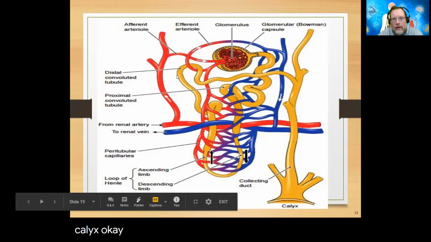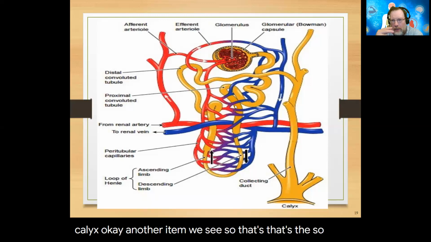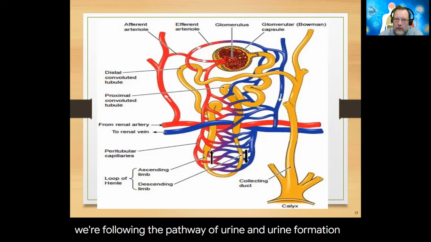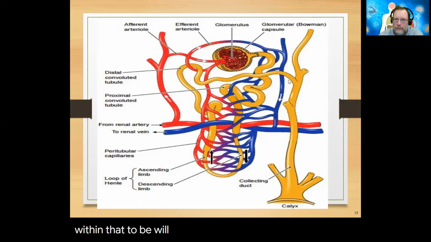Okay, another item we see, so we're basically following two pathways of fluid with a nephron. We're following the pathway of urine and urine formation within that tubule network. And then we're also following the blood and the blood supply and the capillary networks, because we're going to see two capillary networks associated with a nephron.